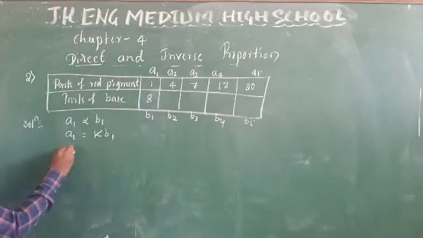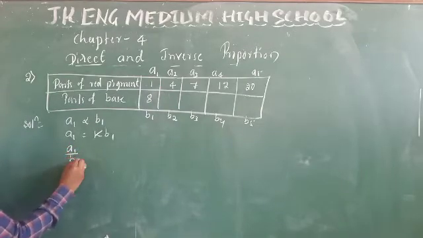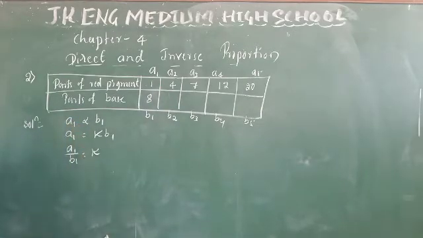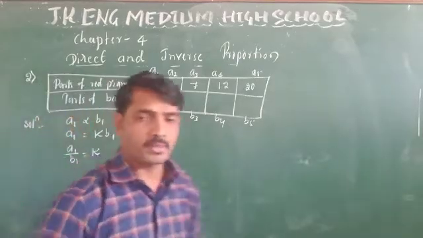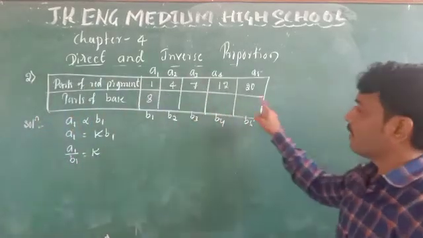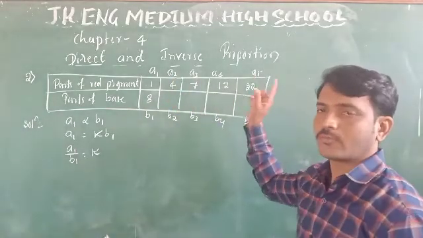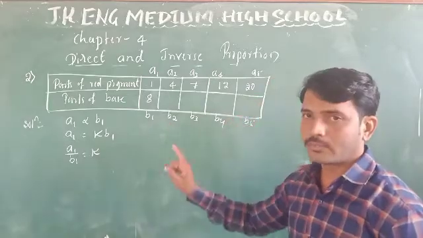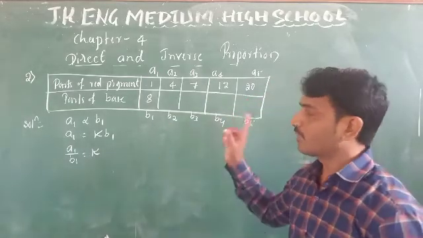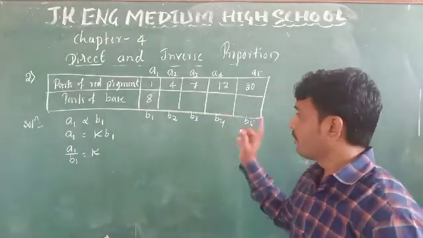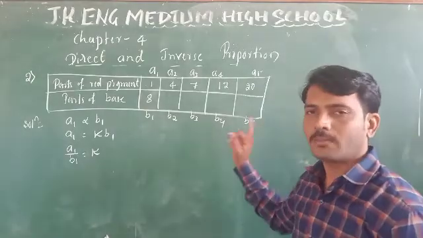Next, A1 divided by B1 is equal to K. Why am I saying we have to find the K value? In the remaining values we have only A2, A3, A4, A5; we don't have the B2 value. If we get the K value, we can easily find out B2, B3, B4 and B5.